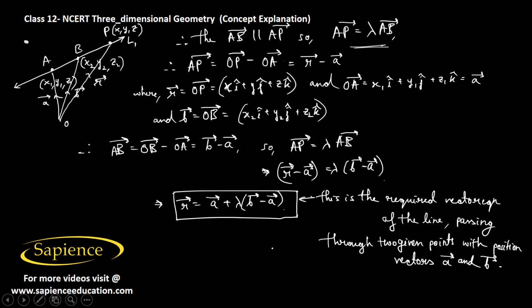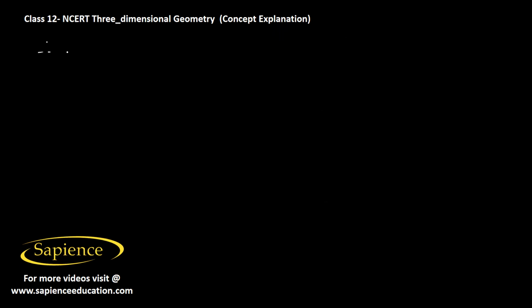So from this, now we have to find the Cartesian equation also. In that case, we can use this equation. So now R vector minus A vector will be obviously xi cap plus yj cap plus zk cap, then minus A vector, which is x1 i cap plus y1 j cap plus z1 k cap.